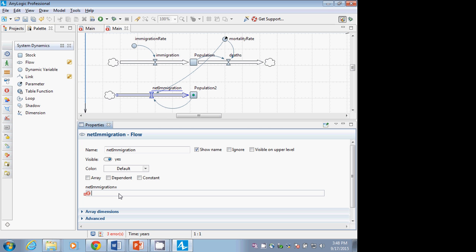Population times mortality rate, right? So, ladies and gentlemen, this flow has to have the equivalent of these elements in it.